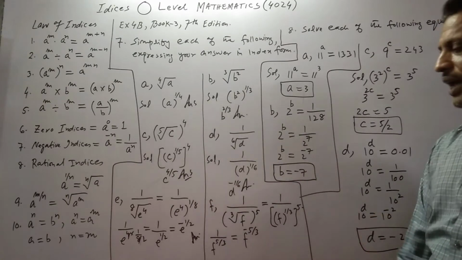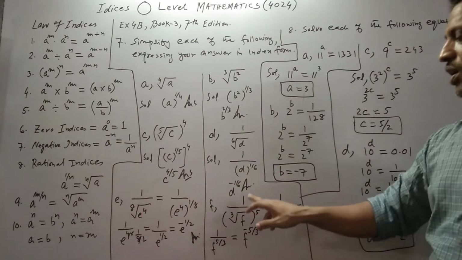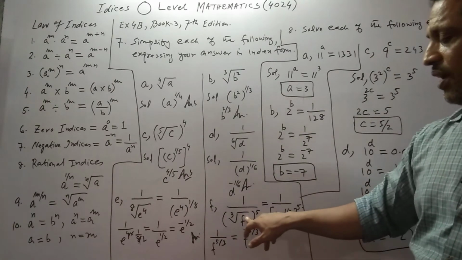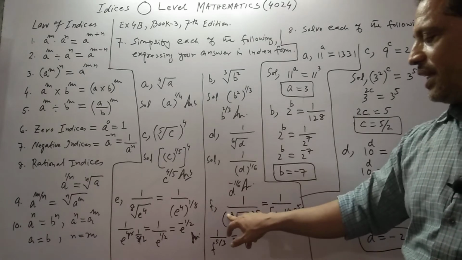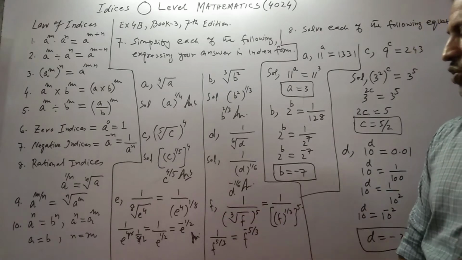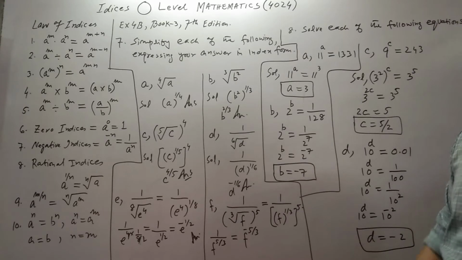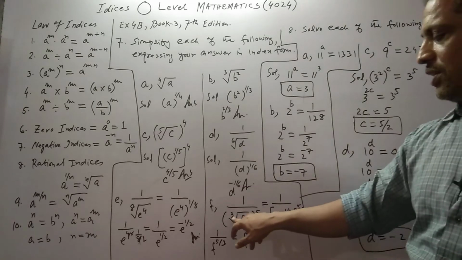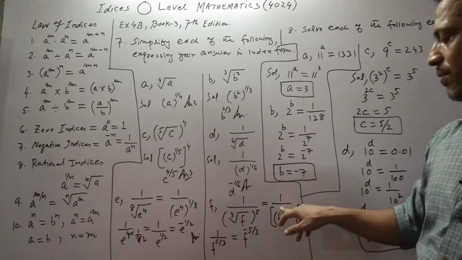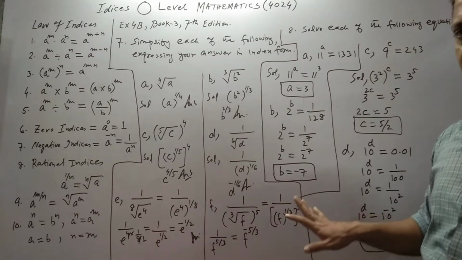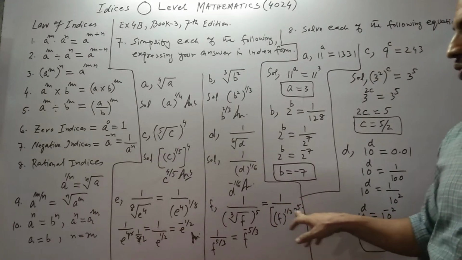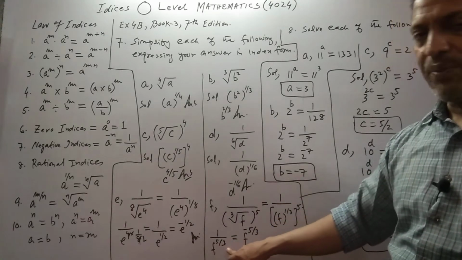Come to the last part, F. Part F is 1 upon radicand f with index 3 and whole power 5. So first move 1 upon f. What is this? 3. So this 3 becomes 1 upon 3 and the whole power 5 remains the same. 1 upon 3 into 5 becomes 5 upon 3.